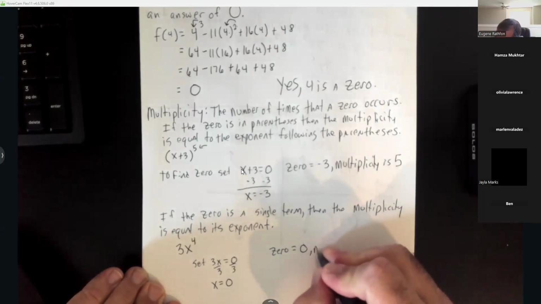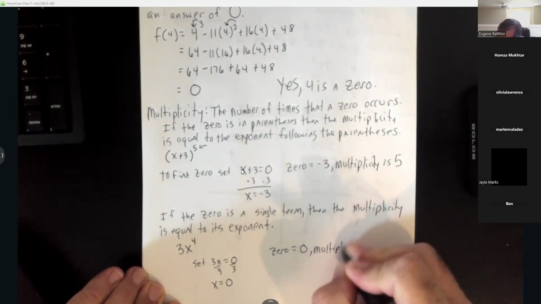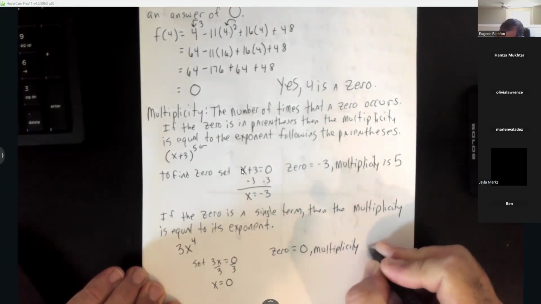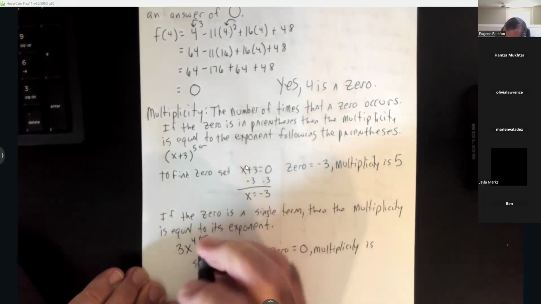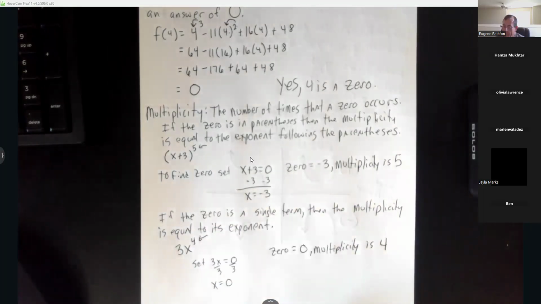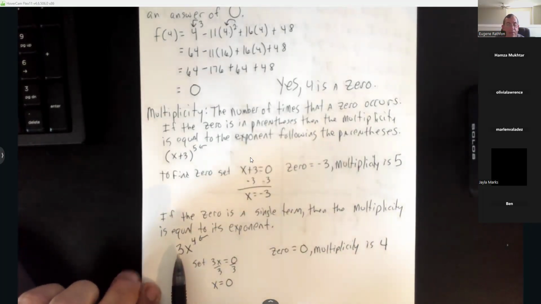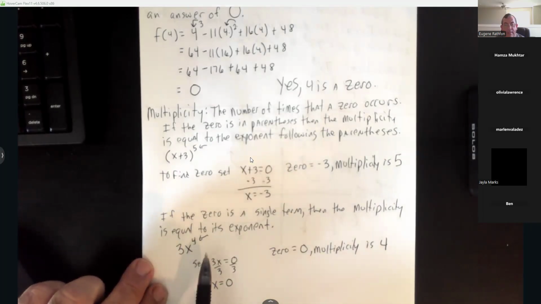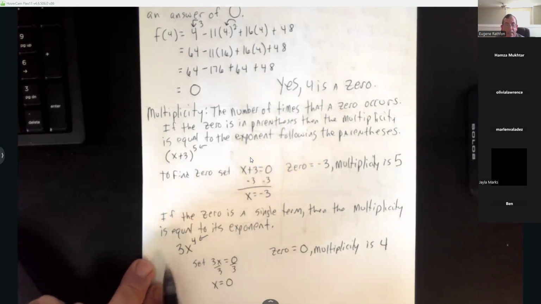And then this one would have a multiplicity is its exponent of 4. So this would be like writing 3 times x times x times x times x. And it don't even matter what number's in front of a single term like this.